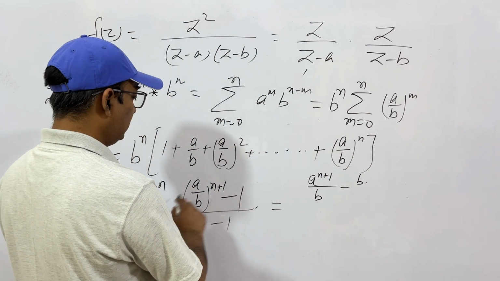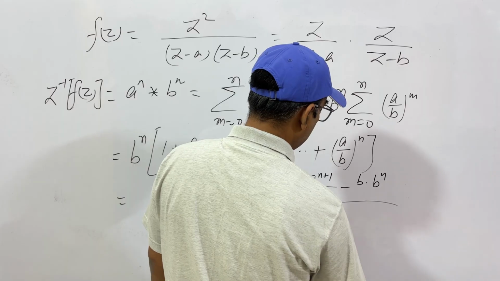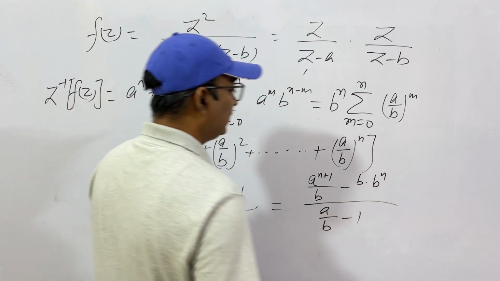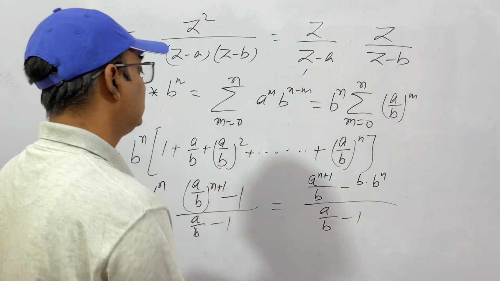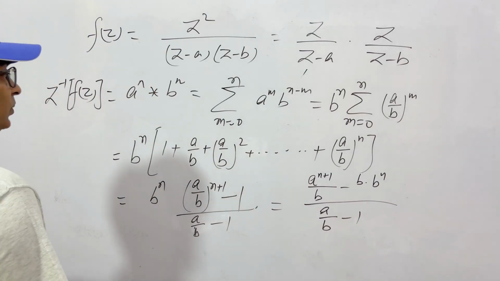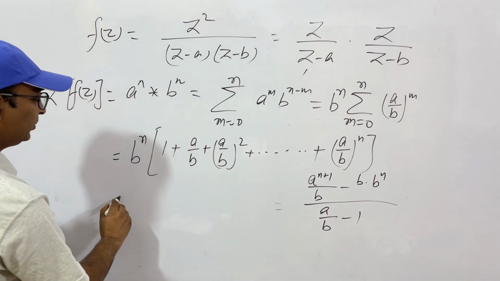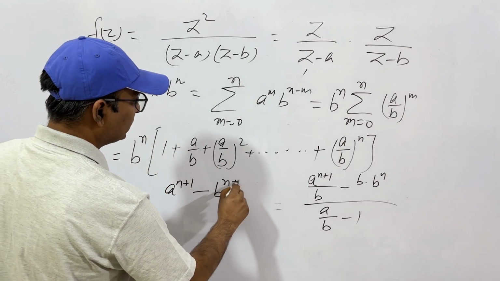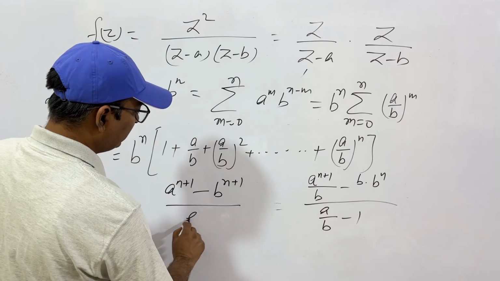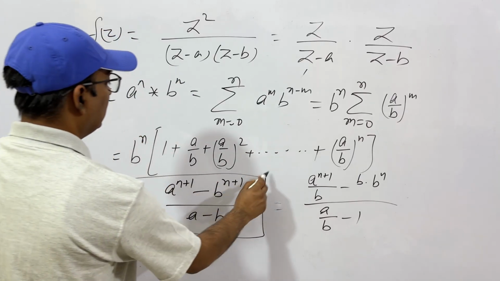Now if you take this, b will be cancelled. Finally, the answer that you will get, I am writing it here, is a to the power n plus 1 minus b to the power n plus 1, b cancels, divided by a minus b. Okay, so this is the answer.